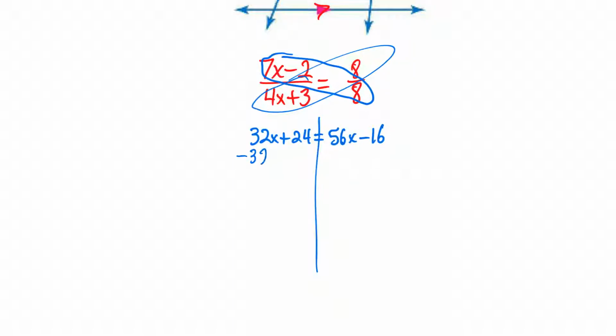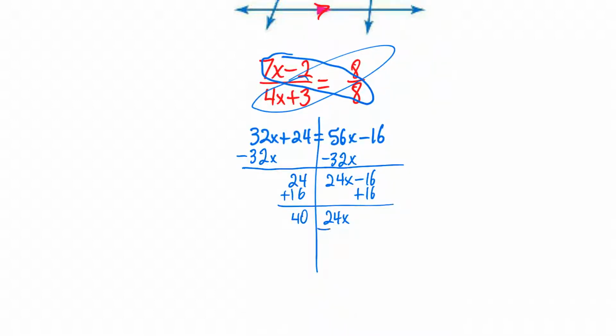All right, so I'm going to subtract 32x from both sides. So we get 24 equals 24x minus 16. Add 16. That zeroes out, so 24x equals 40.